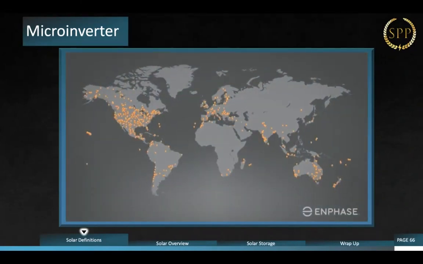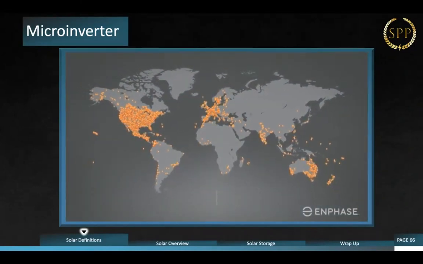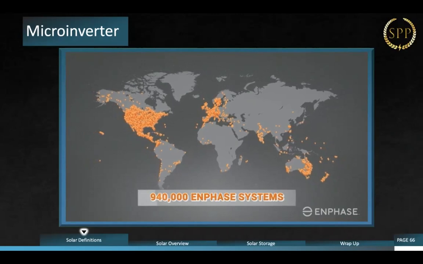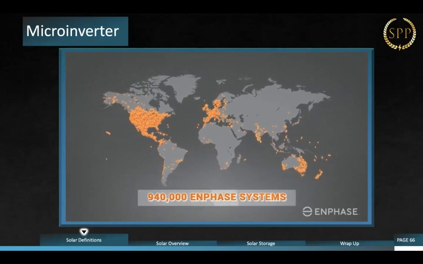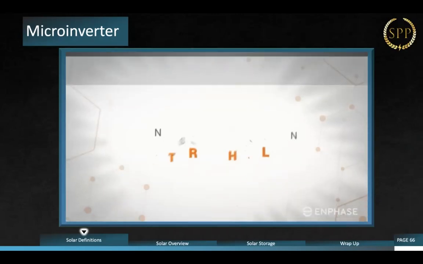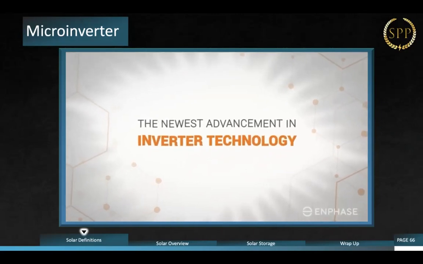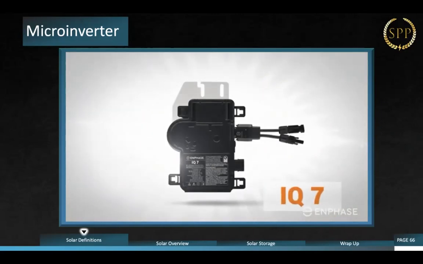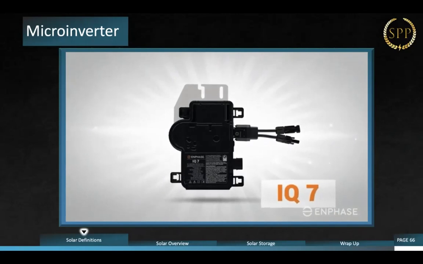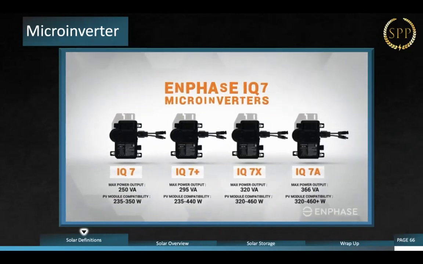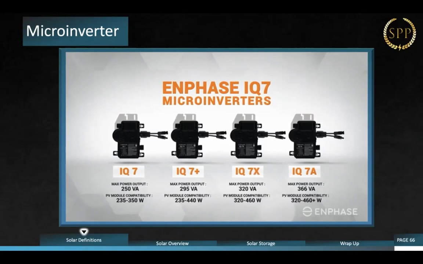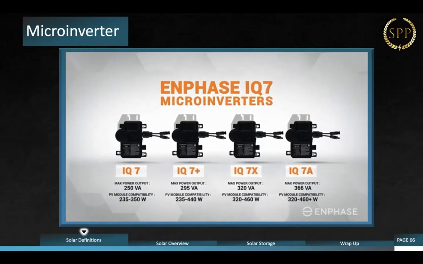Enphase is the world's leading supplier of solar microinverters with 940,000 Enphase systems deployed to more than 110 countries. The newest advancement in inverter technology, the Enphase IQ7 microinverter, is a powerhouse. It is available in multiple configurations, engineered to meet the needs of residential and commercial systems.